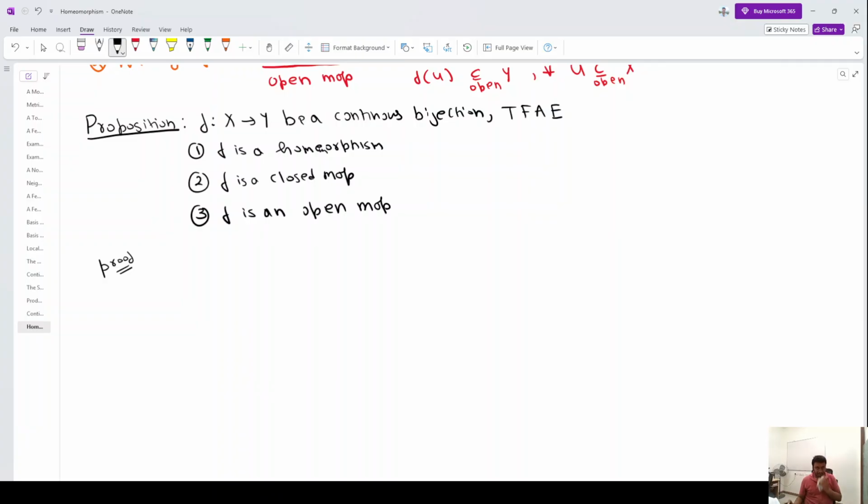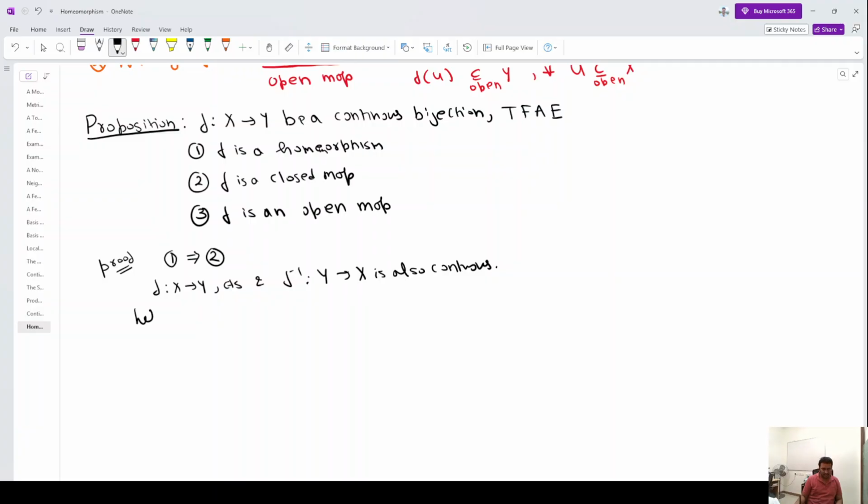Okay, let us do 1 implies 2. So f is a homeomorphism. What it means is f is continuous, and f inverse from Y to X is also continuous. Now you have to show it's closed.